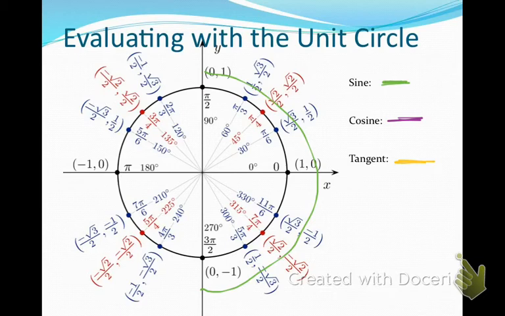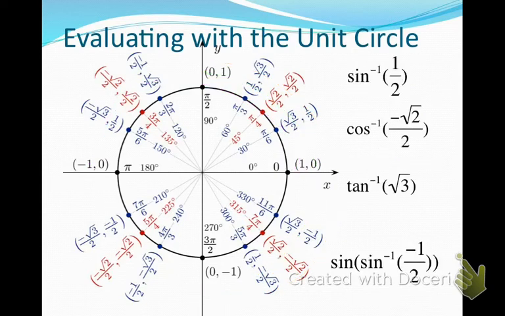Cosine will be any of these angles from 0 to pi, and tangent will be the same as sine, any of these angles here. So tangent, cosine, and sine.